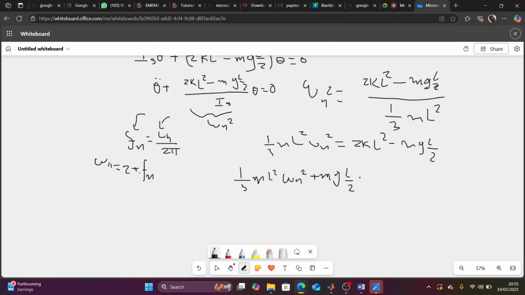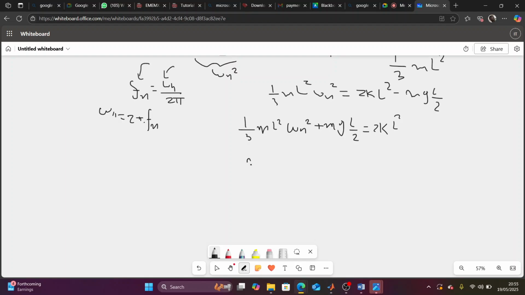So we can take m as common factor, so we'll have 1 over 3 L squared Wn squared plus gL over 2 to be equal to 2kL squared.